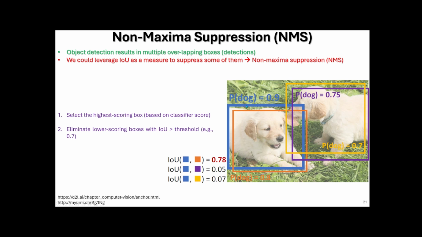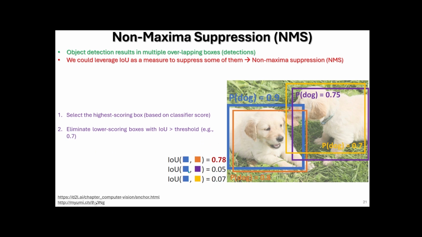The IOU of this blue with this orange is 0.78, this blue with this yellow is 0.07, and this blue with this purple dog is 0.05, because they are a different dog, right? Now you see whichever is greater than a threshold. Let's say I choose a threshold of 0.7.